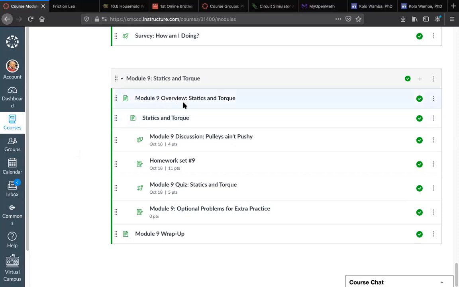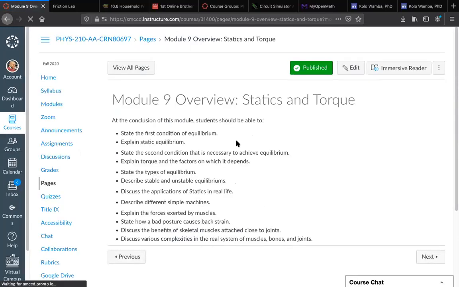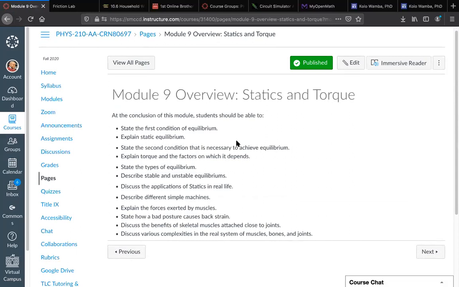All right. So let's see. What do we have for you in this module? So statics and torque has to do with the physics of things that are just static. So what do I mean by static? What I mean is they ain't moving with respect to the ground.